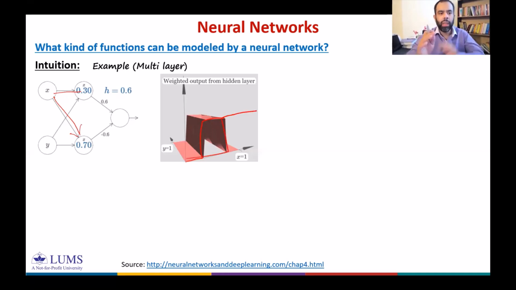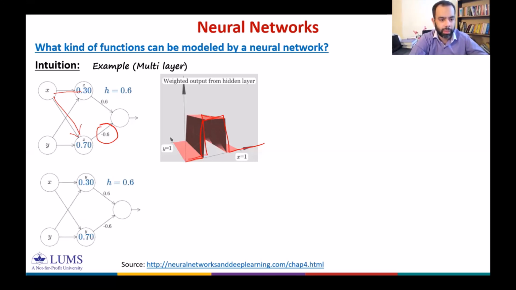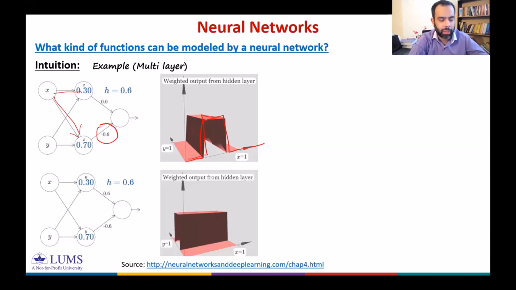But when I combine these two, I have used minus 0.6 for the second one, and consequently we can have this pulse-like transition along X. Similarly, if we use 0 for X and a large value of weight for Y, I can get a pulse-like transition along Y.